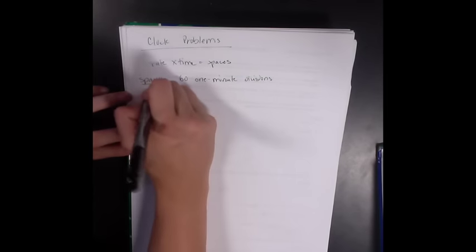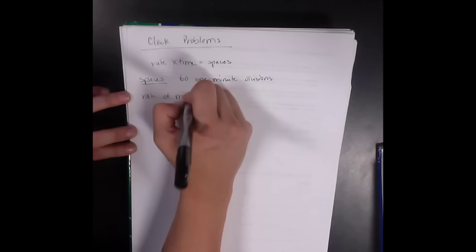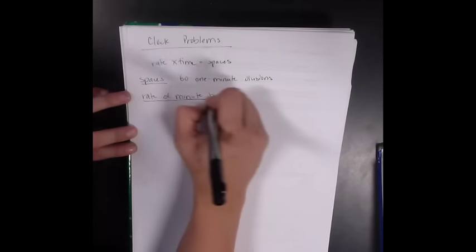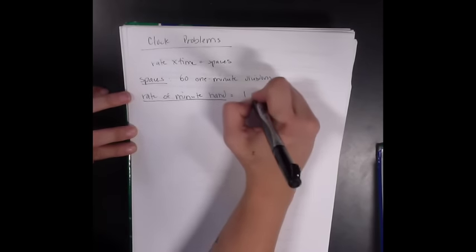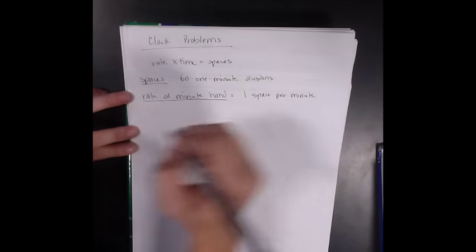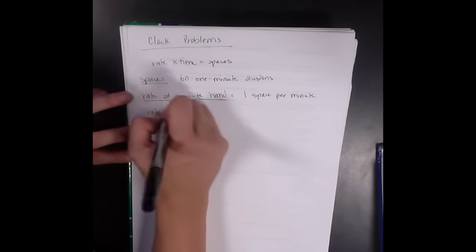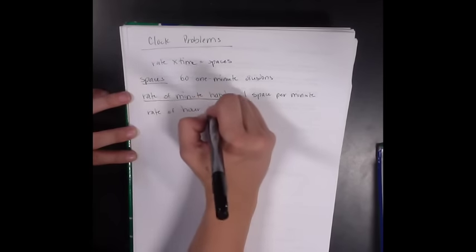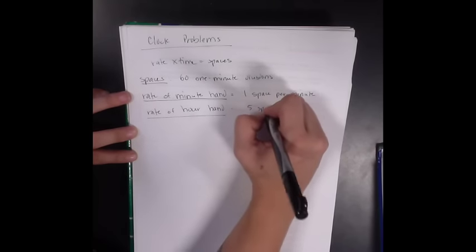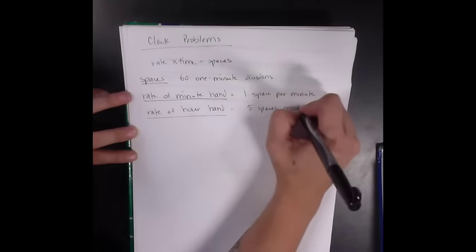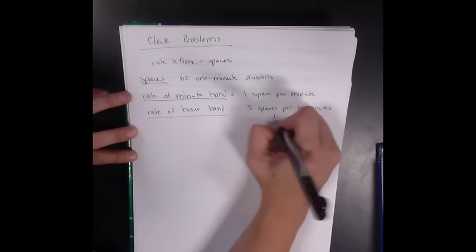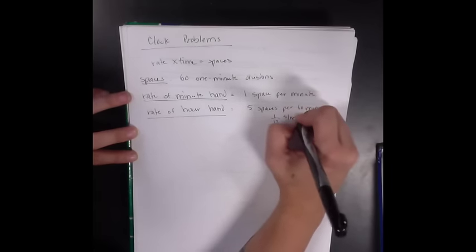The rate of the minute hand is 1 space per minute, and the rate of the hour hand is 5 spaces per 60 minutes, or 1/12 spaces per minute.